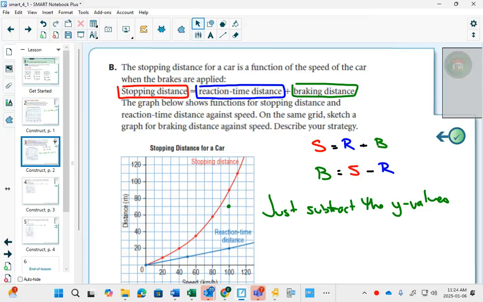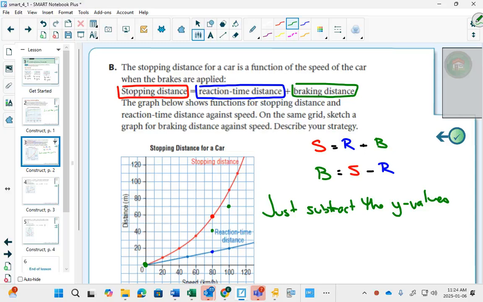So we'll do a little bit of estimating. Here it looks like we're at about 58. Here it looks like we're at 16. 58 minus 16 would be about 42.